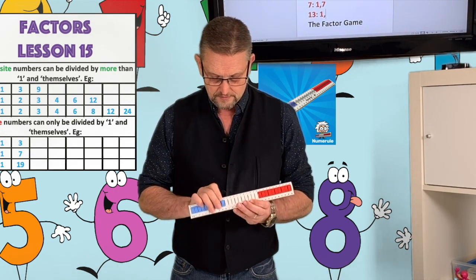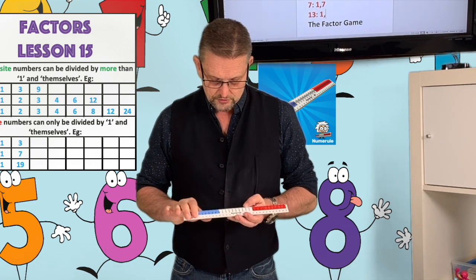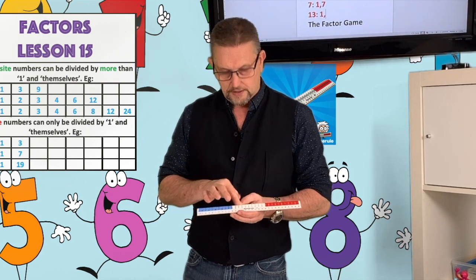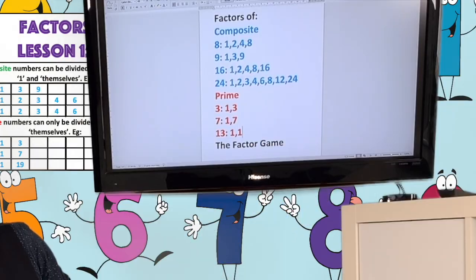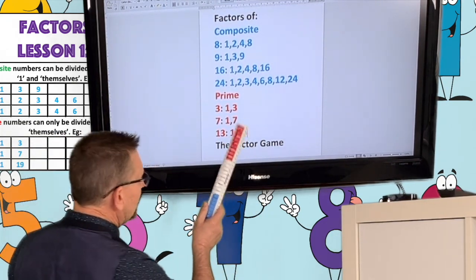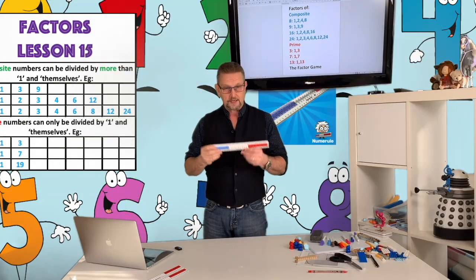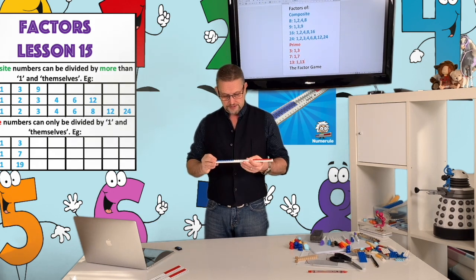Doesn't go in. 10, 20, 11, 22, 12, 24, 13. Obviously we get up to the number and 13 goes into itself. So 13 is a prime number because only 1 and itself can be divided into it, and the numeral is a great device to be able to discuss those things.